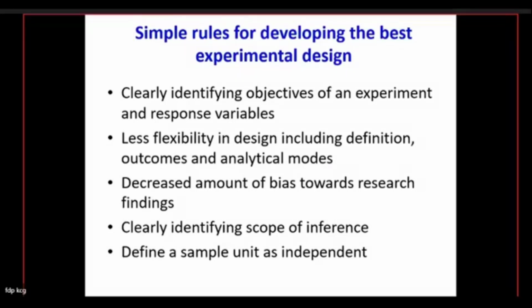So if you follow these simple rules for defining the experiment, clearly identify the objectives. What is the objective of your experiment? That you have to find out. These are 10 simple rules for developing the best design of experiment. We will discuss this now, and the later part we will discuss in the second lecture.